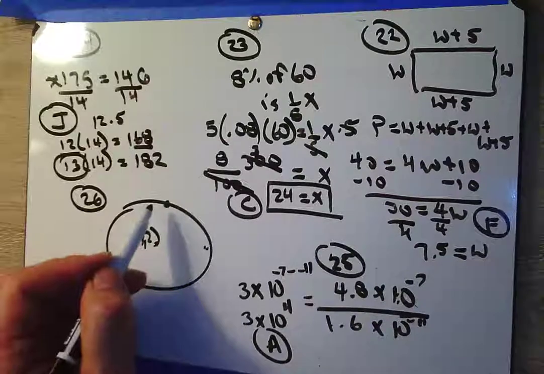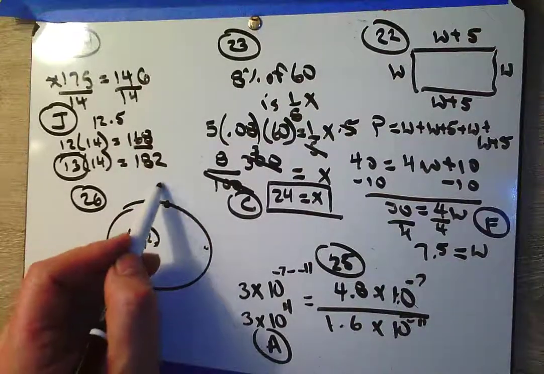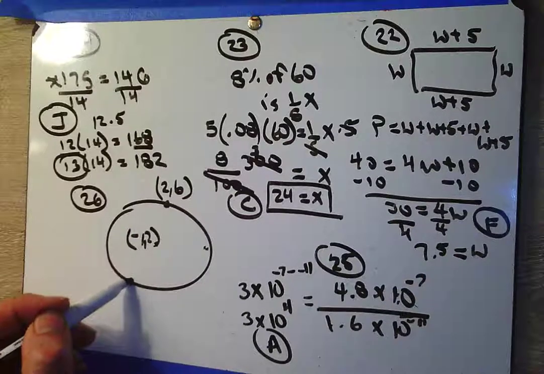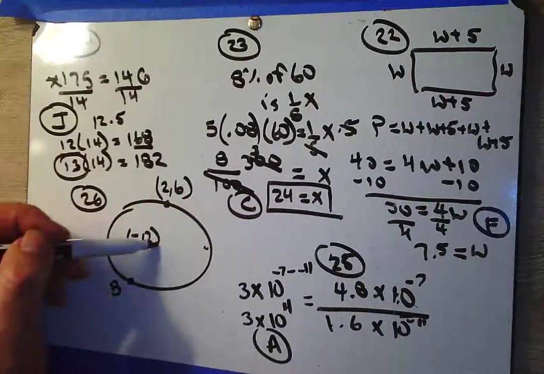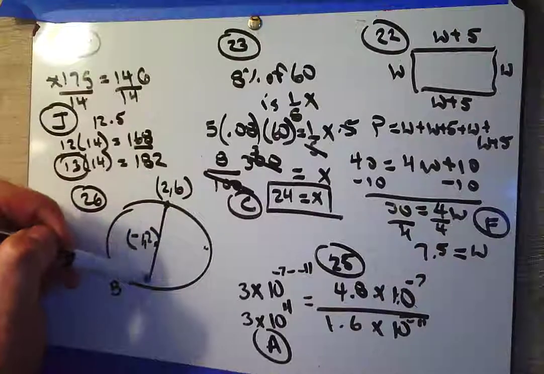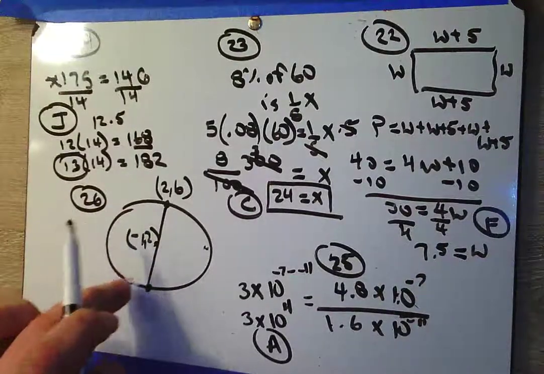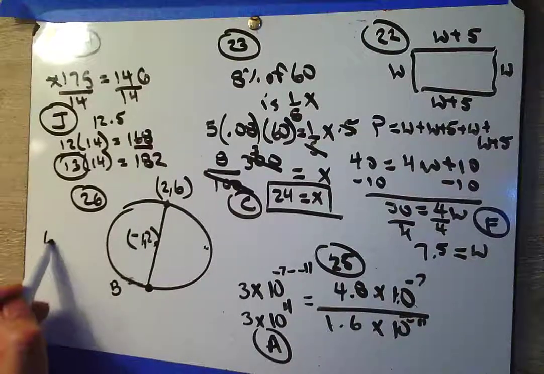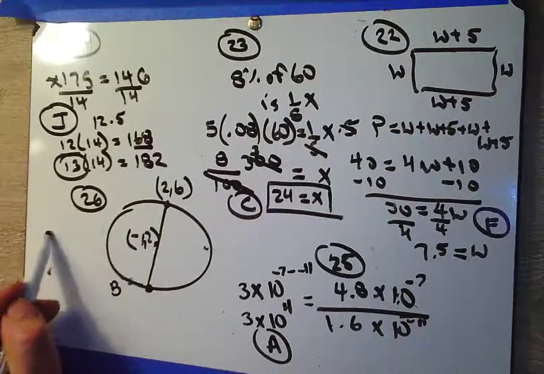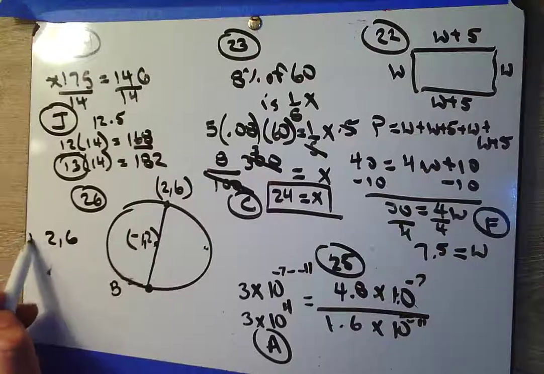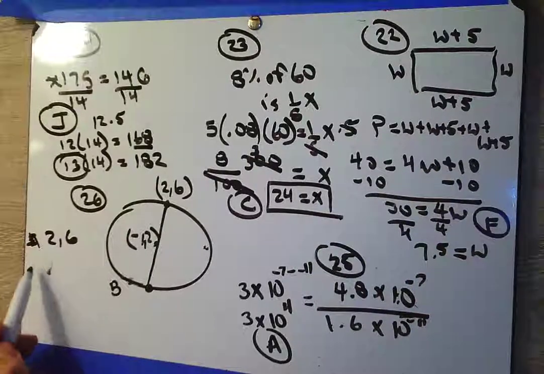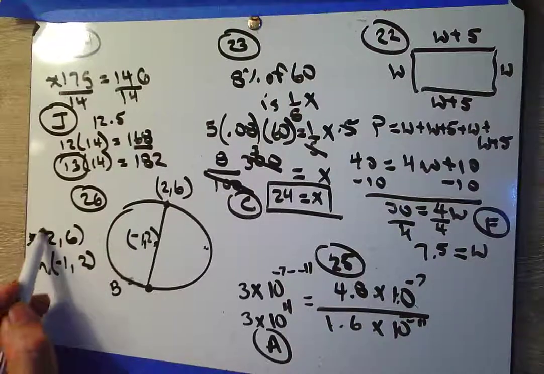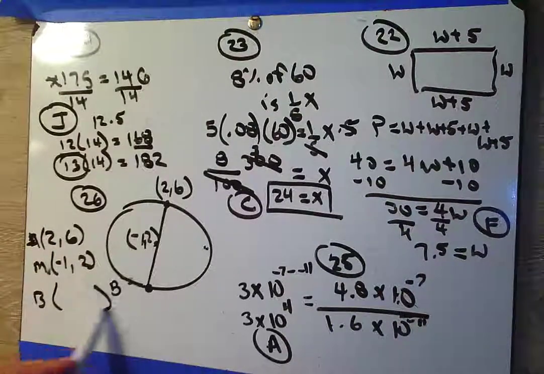And we know that there's this point here called 2, 6. And we want to know where this other point B is over here. So we know one endpoint, 2, 6. We know the midpoint, -1, 2, and we're looking for the other endpoint.